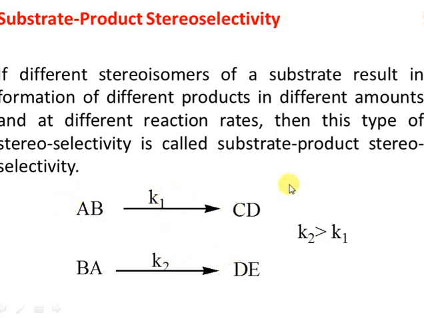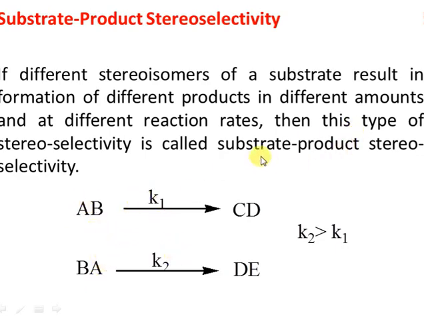So here the selectivity, which product will be formed in more amount or which reaction will occur at a faster rate, depends on your reactant, and it also depends on your product.